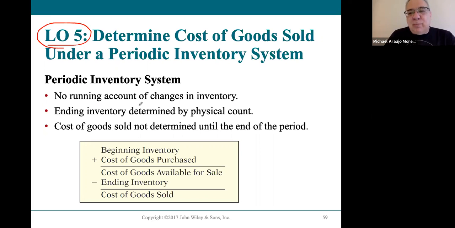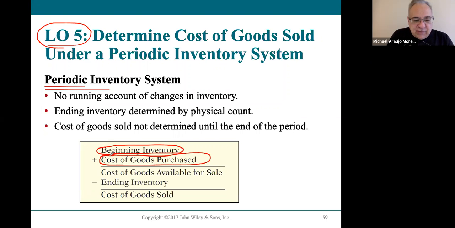Learning objective 5 brings us all the way back to learning objective 1 when I went over how they track inventory on a periodic system, which is literally sort of a hand counting system, right? Everything starts with what's already in the store at the beginning of the period. We call that beginning inventory. Remember, the merchandisers are buying inventory all the time. So we're adding all of those costs to the inventory.